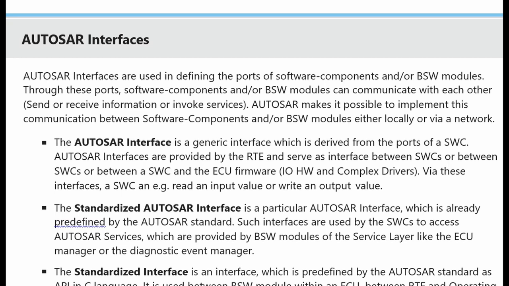Here we have the client server interface and the sender receiver interface. I will explain this concept in my upcoming videos. You just try to know these kinds of things first. So AUTOSAR makes it possible to implement this communication between software components and the BSW either locally or via a network.